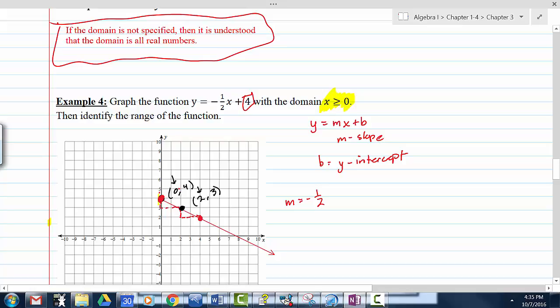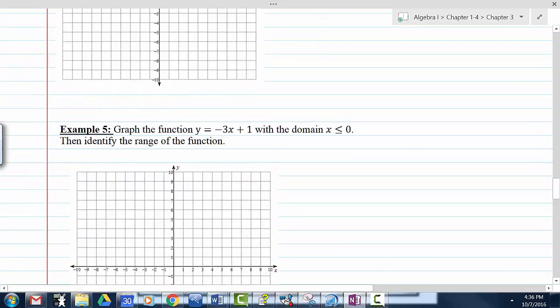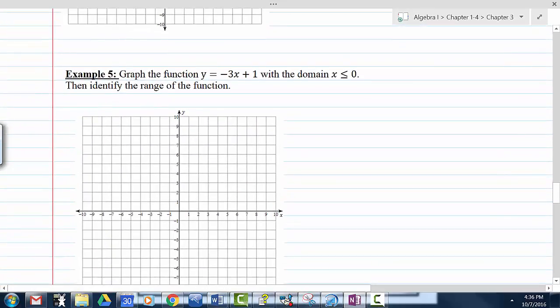This is the x coordinate. Is that greater than or equal to 0? Absolutely. But at this point as well, this point as well, this one, and so on and so forth. So we're talking about all the numbers x greater than or equal to 0. As long as you're in the domain, that means you're part of the line. I'll show you one more just so you can see what I'm talking about.